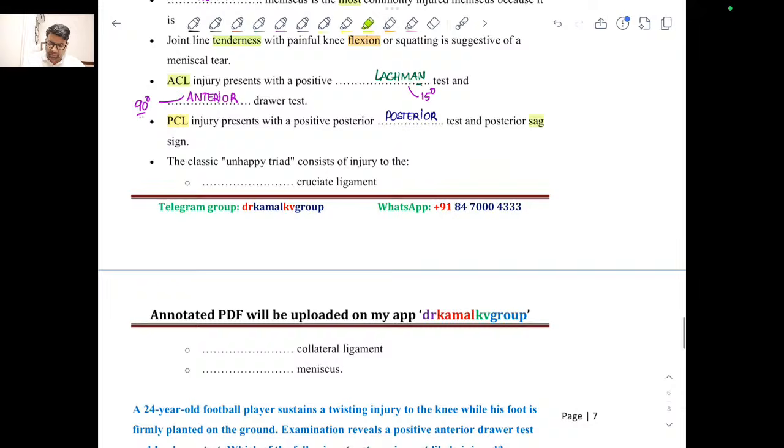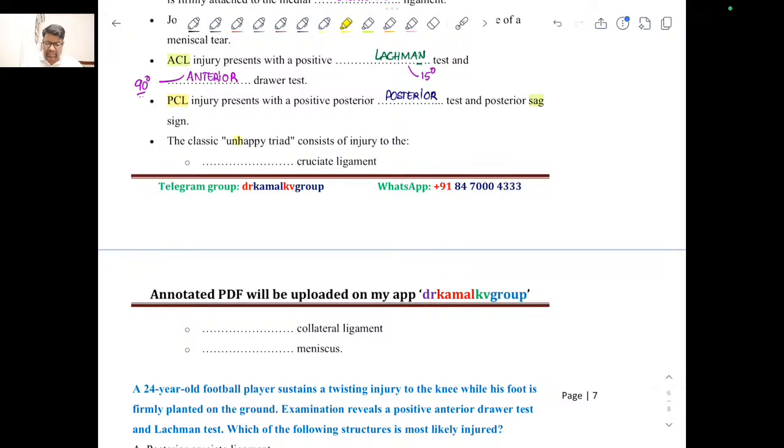Then the one which is very frequently asked is the classical unhappy triad of O'Donoghue. So this is anterior cruciate, then medial collateral ligament and medial meniscus.